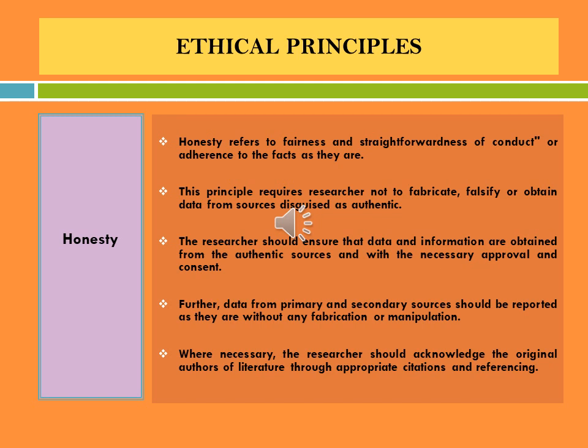This principle demands of researchers not to fabricate, falsify, or obtain data from sources that are not authentic. The researcher should ensure that data and information are obtained from authentic sources and with the necessary approval and consent of the respondents.